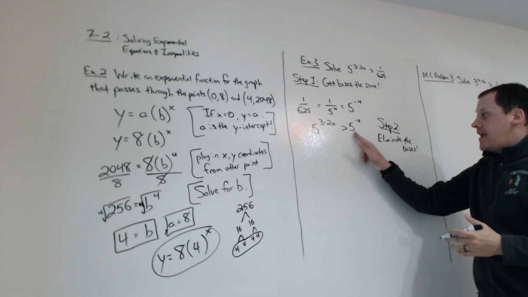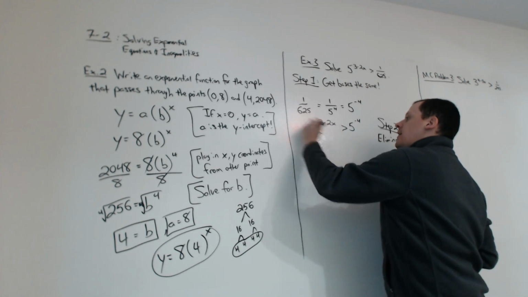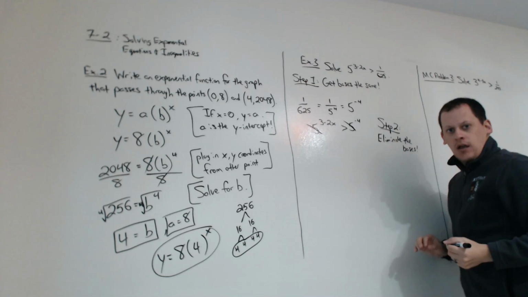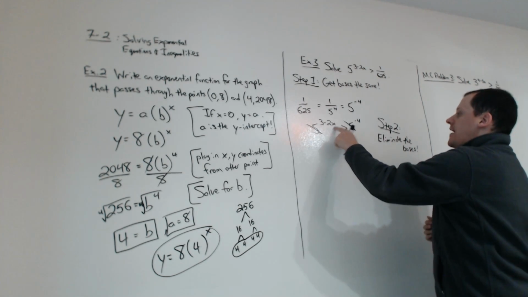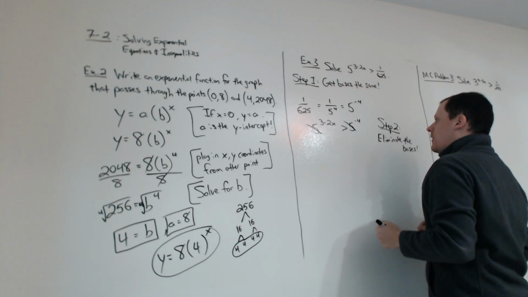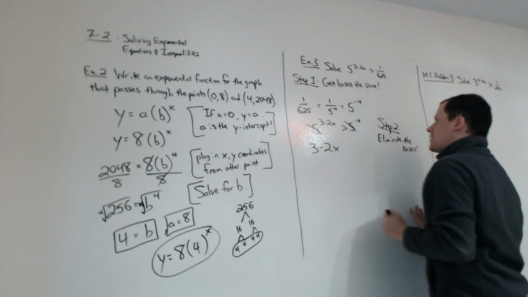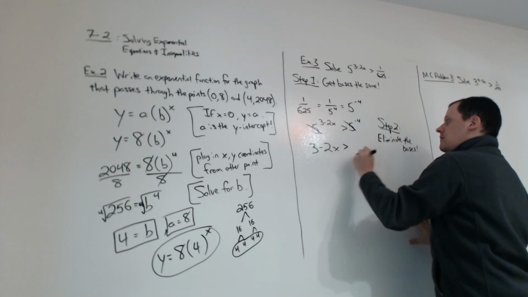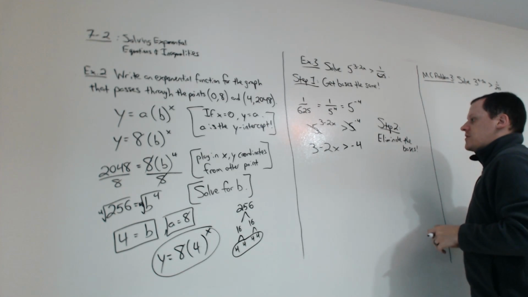Now that they are the same, they don't mean anything anymore. They're not going to help us find out what x is. We have to get rid of them in order to find out what x is equal to, or to find out what x can be to make this true. So we get rid of the bases, we keep everything else. This is 3 minus 2x is greater than negative 4.